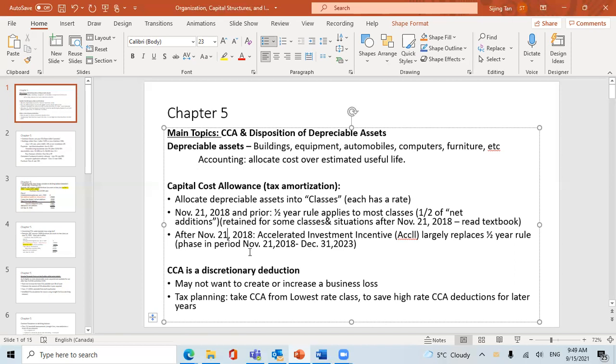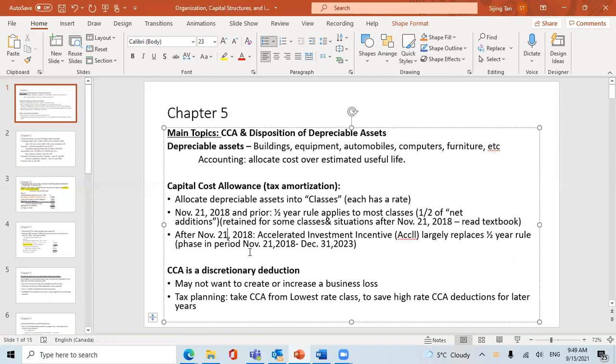What that means is we need to take a look at the company's net income, and compare the company's net income and taxable income with the max CCA you can deduct for that year. If the max CCA is much more than the company's total income, then the company may not want to deduct all of the CCA.